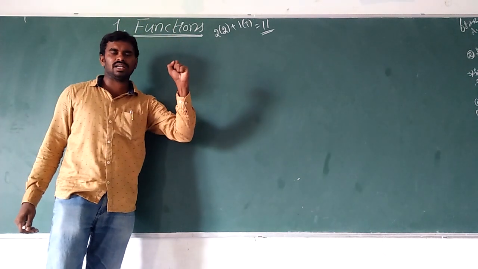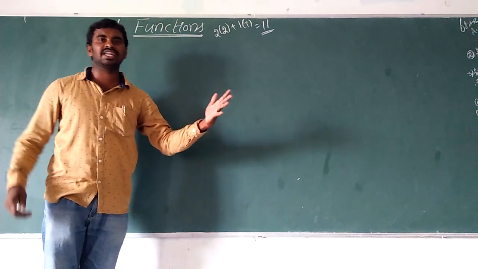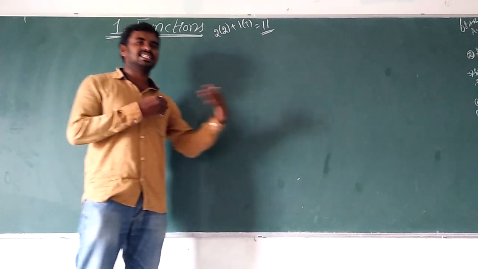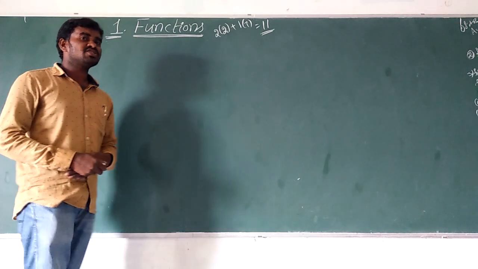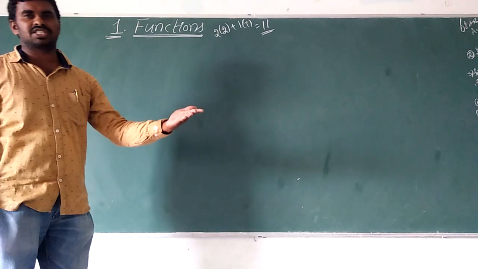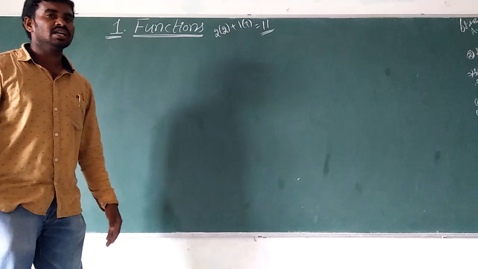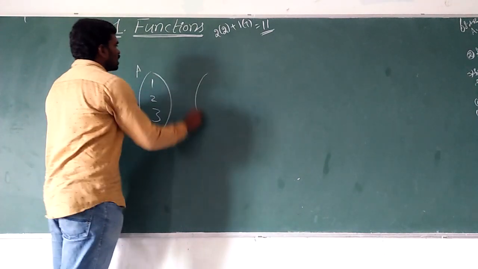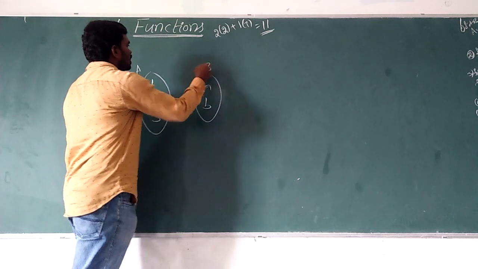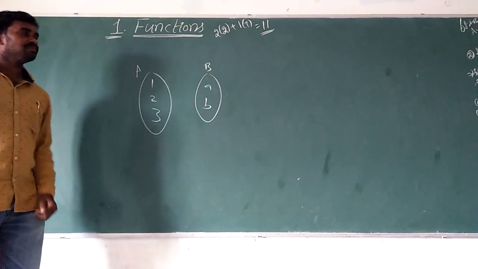Do you know, first of all, in 10th class we have studied what a set is. Set means the well defined objects. Yes, very good. Well defined objects is called a set. For example, some set 1, 2, 3 I am taking, and some a, b, two sets I have taken.